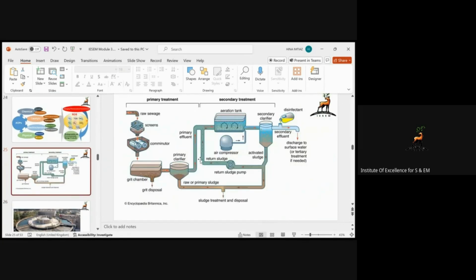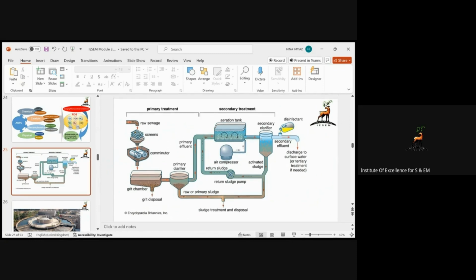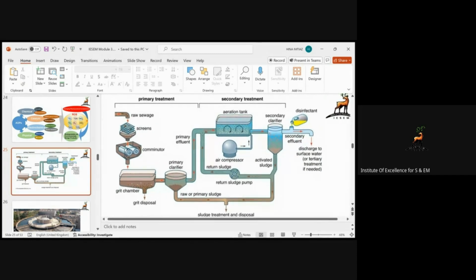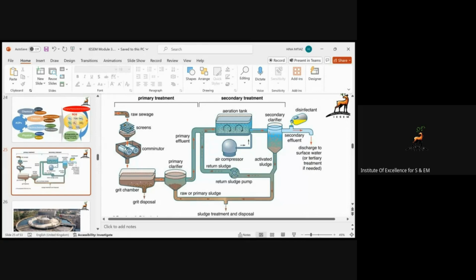So this is a very good picture I found on the internet, and it gives a very clear idea if you are going to start from the raw sewage. You can see the primary treatment: the raw sewage is the sewage water that comes from any industrial area or any industry.